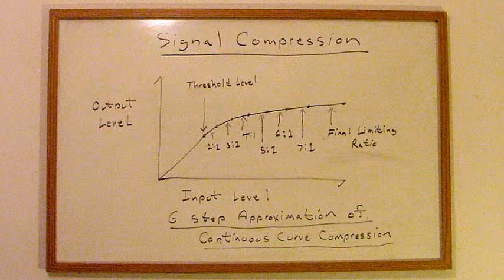Although each segment of each new compression ratio is a straight line, by using 6 of these straight lines the overall shift is very smooth, and the 6 segments approximate a curve. It's this approximation of a curve that makes it much less audible, if audible at all. It's using 6 steps of what you might call linear compression to approximate a continuous curve compression.